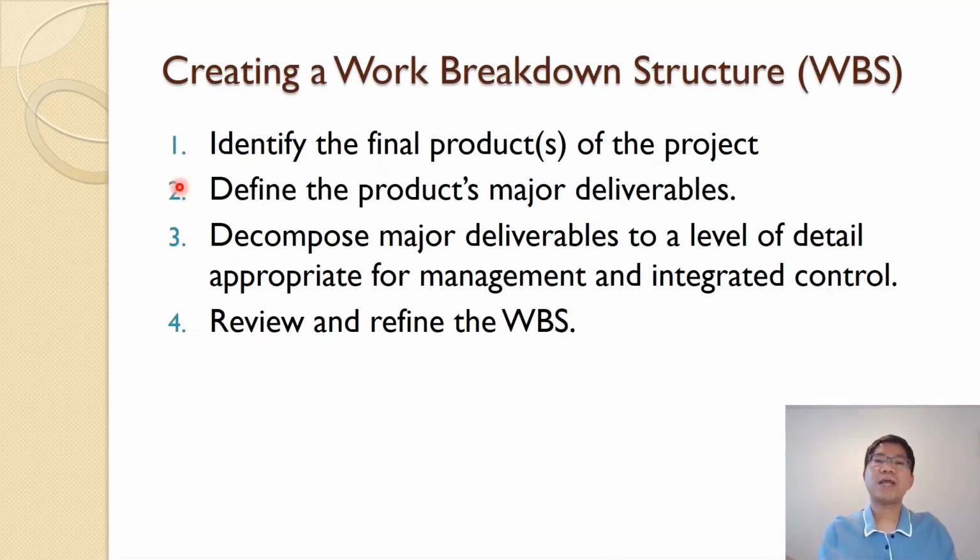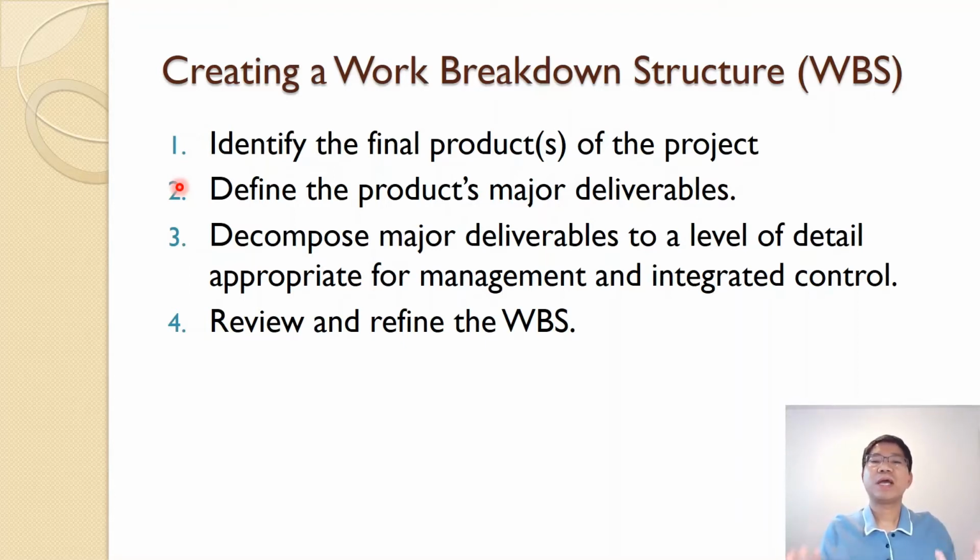And with that, we can decompose the major deliverables to the level of detail appropriate for management or integrated control. It means that it depends on the level of management. You can manage different layers of detail. If we go down to the workers, then that is the lowest detail we can have.